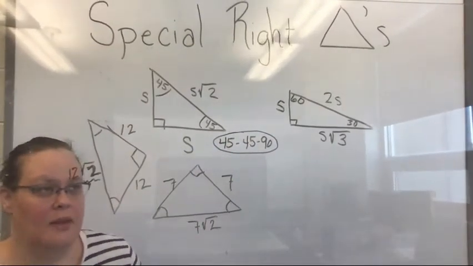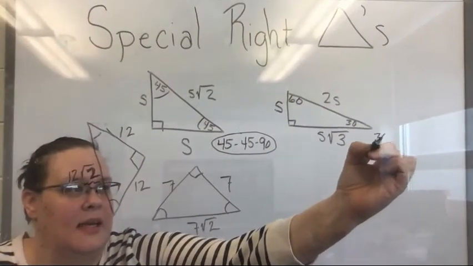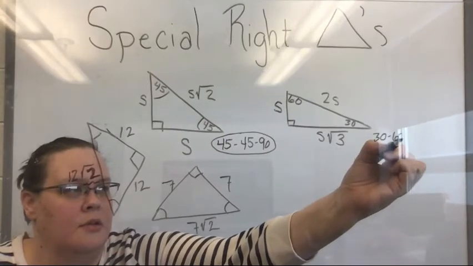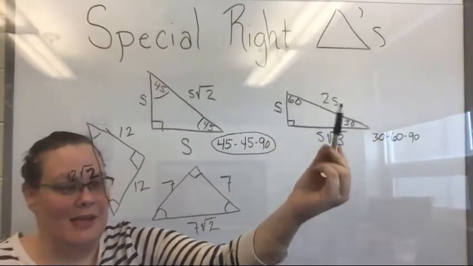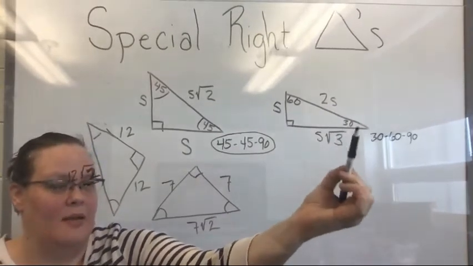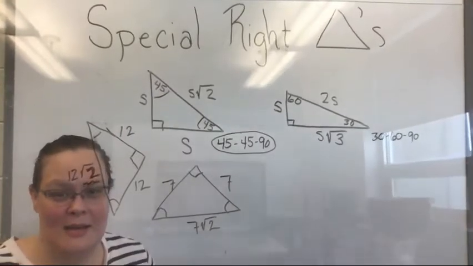The second one that you'll see here is what we call a 30, 60, 90. And this is because, as you see in this triangle, we have one angle that's 30 degrees, one that's 60 degrees, and one that's 90.